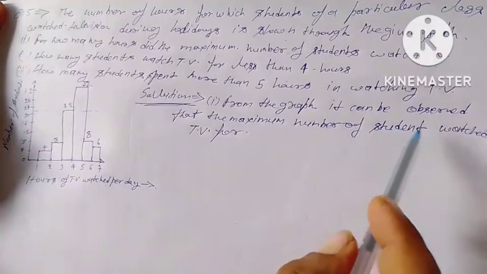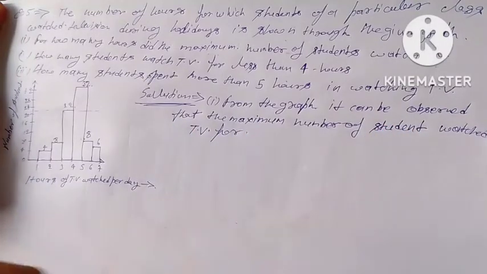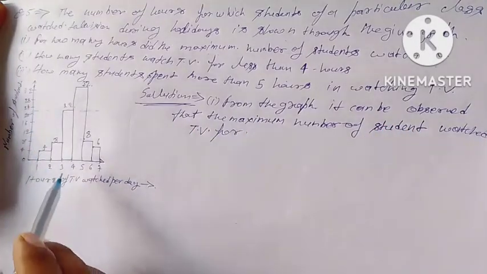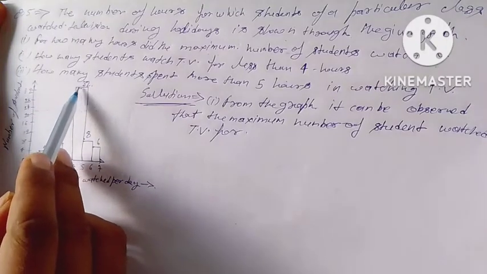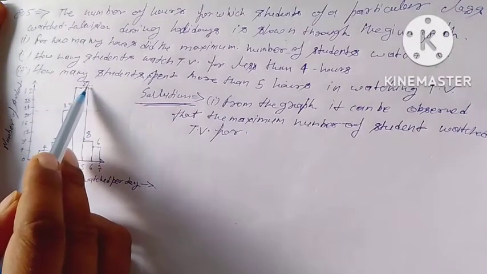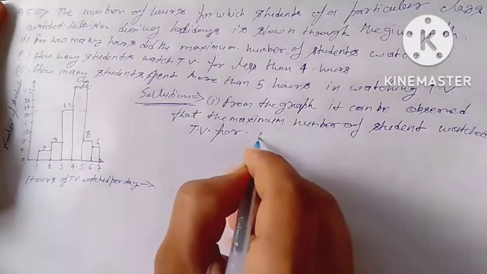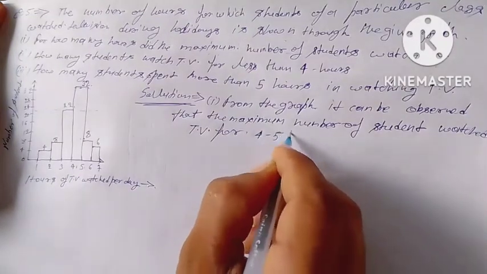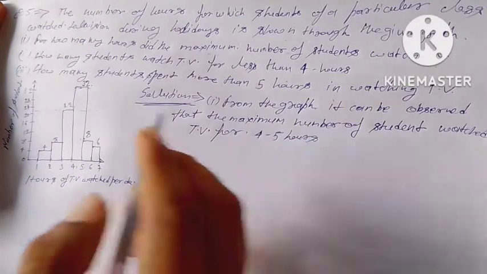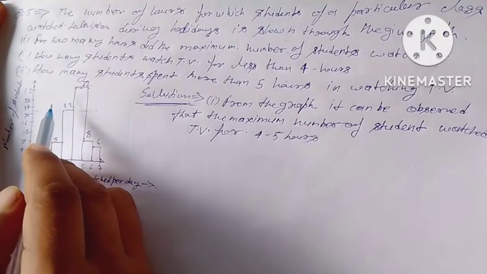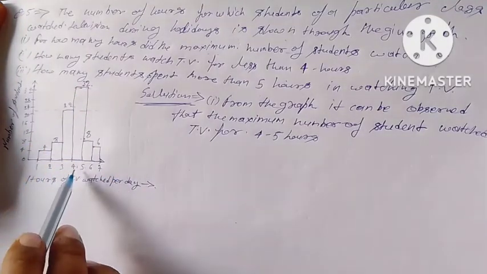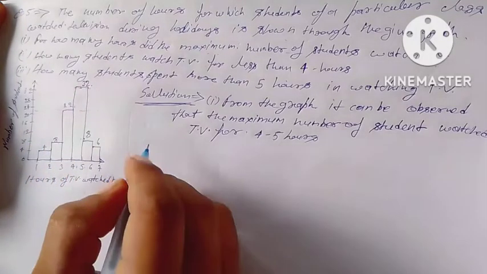From the graph, it can be observed that the maximum number of students watch TV for 4 to 5 hours, because 32 is the maximum number of students, at 4 to 5 hours.